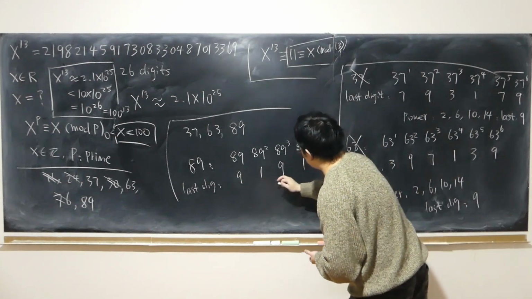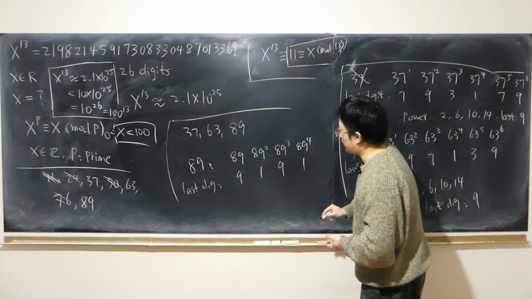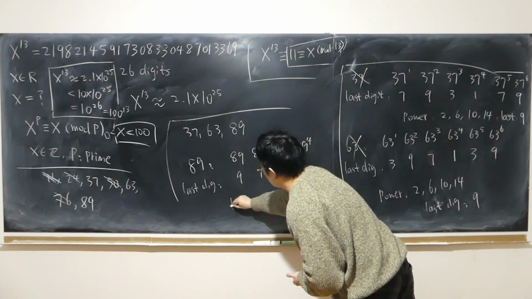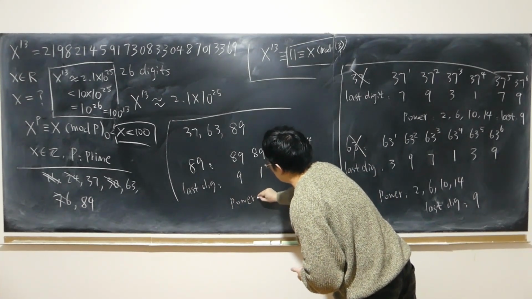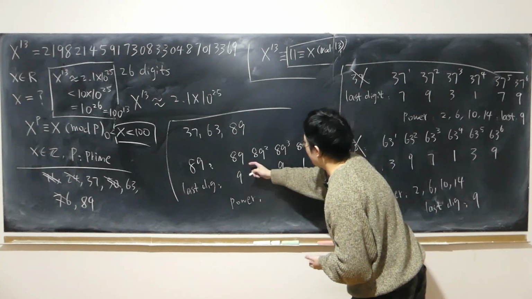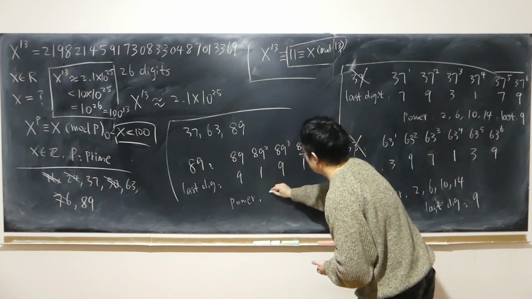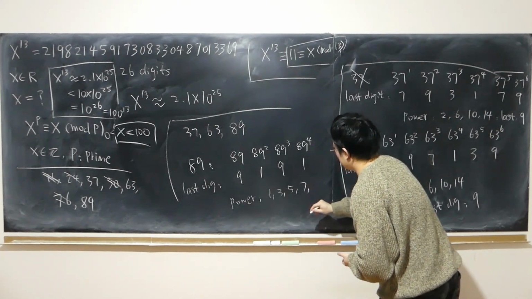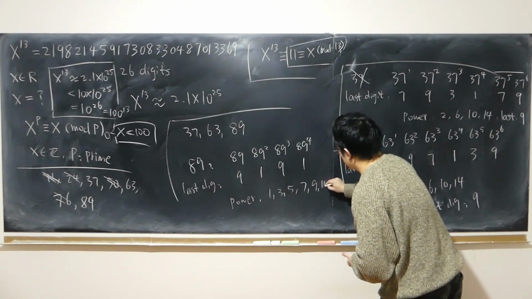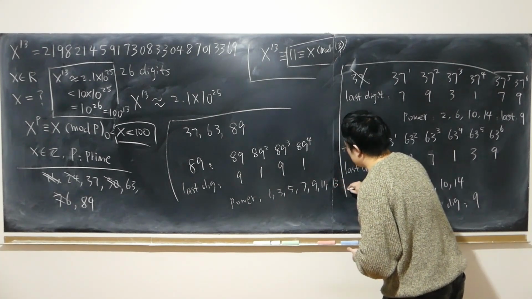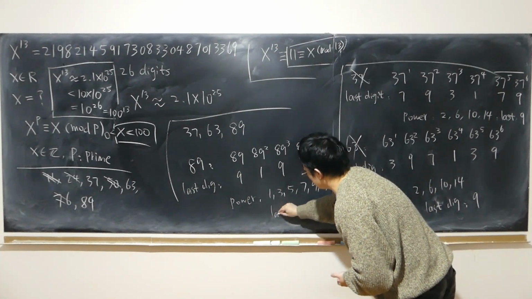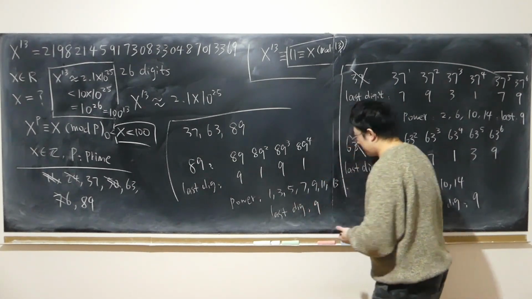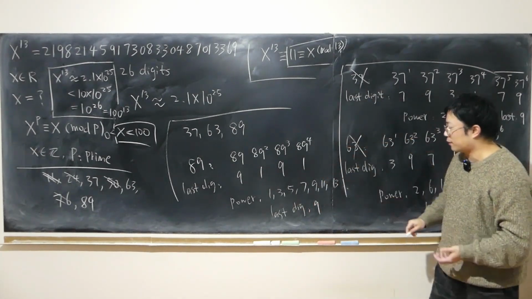So it goes 9, 1, 9, 1, that's the pattern, right? So when do I have the last digit 9? Every time I raise to the power of 1, 3, 5, 7, 9, 11, 13, and so on. I have the last digit 9. Perfectly legitimate, right?